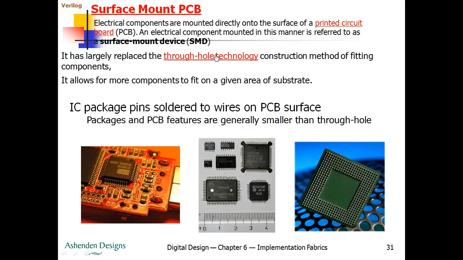What we saw in the earlier slide was the through-hole technology, where we have additional coated metal holes through which the IC package pins are inserted. Compared to that, surface mount has largely replaced the through-hole construction method of fitting components onto the PCB, and it allows for more components to fit on a given area of substrate.